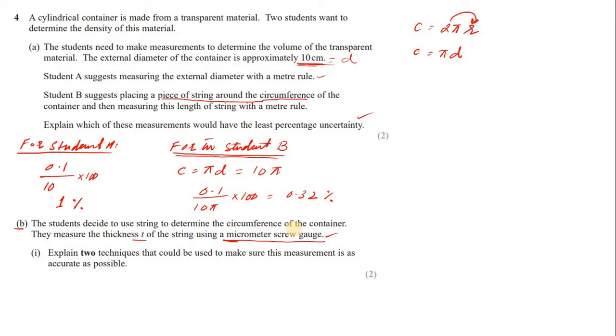Another important thing, when we measure the diameter of a wire, or in this case a string, we measure diameter from different orientations, from different places, so that we can use the mean value to improve our result. So multiple readings from different orientations and zero error.